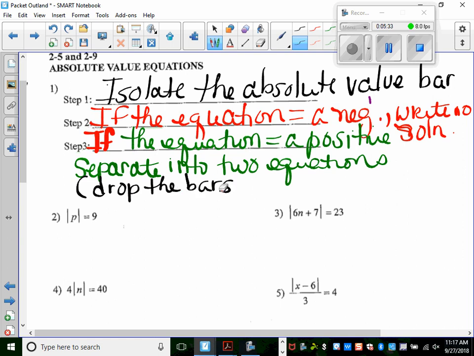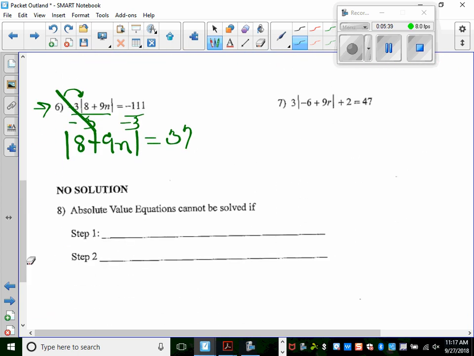That's important. When you separate it into 2 equations, you must drop the bars. So you're going to write it exactly like you see it without the bars. That's one equation. Okay. The second one looks like this.